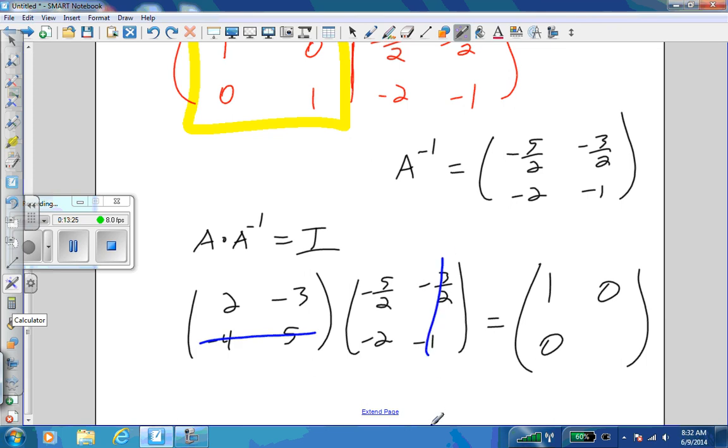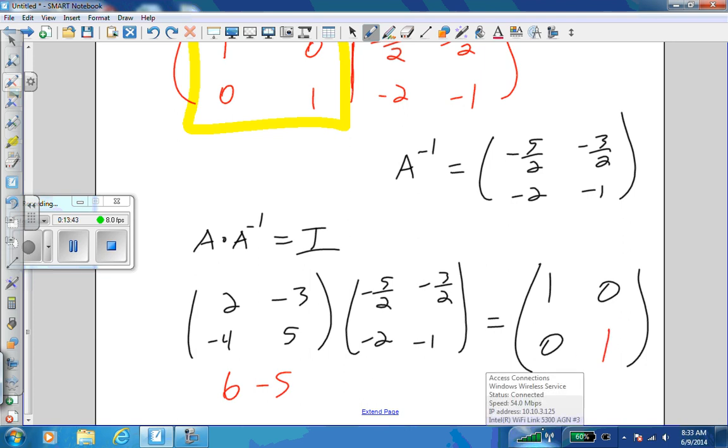Second row, second column, minus times minus is positive. The 2 and the 4 reduce. 2 times 3, that's going to give us a 6. 5 times the minus 1, that gives us a minus 5. So yes, that's the identity matrix. So those two are inverses of each other.